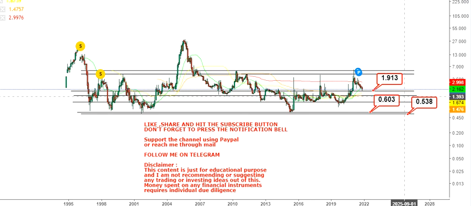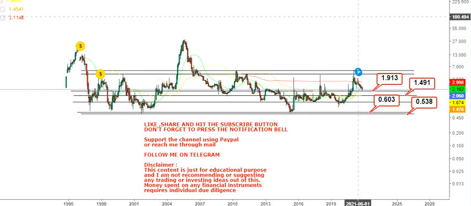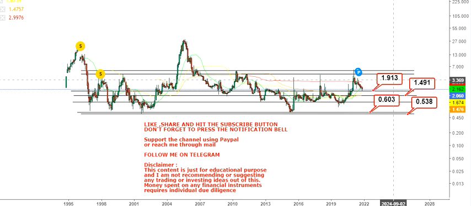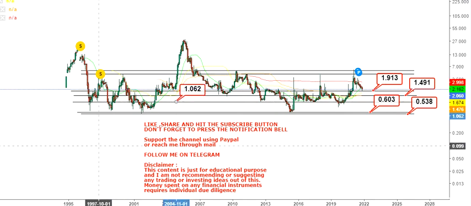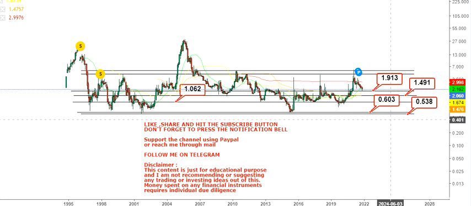So there are many important levels. The stock is taking support from one of its previous resistances or previous supports. Now you have your immediate support at 1.91, then you have 1.49, you have $1, and then 60 and 53 cents on the downside.